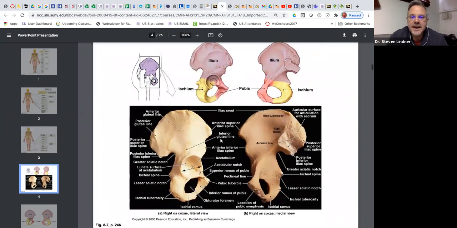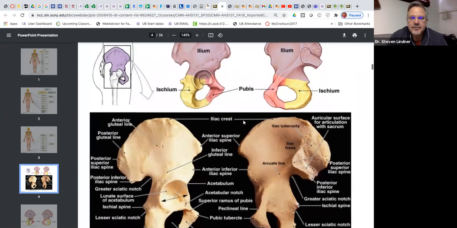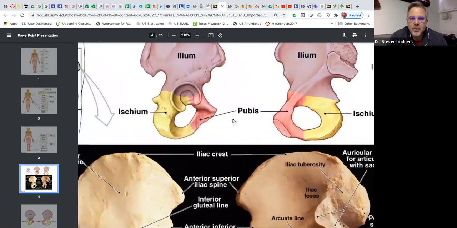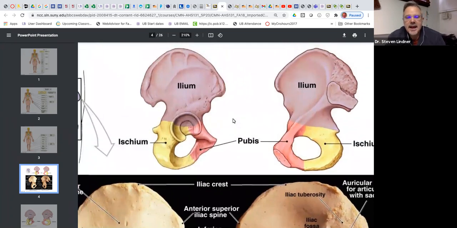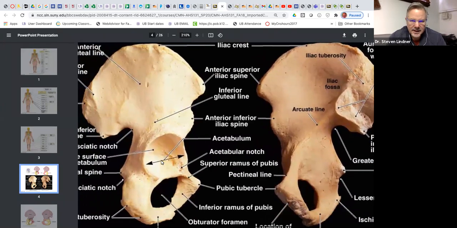All right, so let's look at the first set of bones here. Let's look at the innominate bone, or one of the os coxa. And when we're looking at it from the lateral view, from the outside in, we could see the bowl, the deep vinegar bowl. This deep vinegar bowl is the acetabulum. You can see it down here, acetabulum.